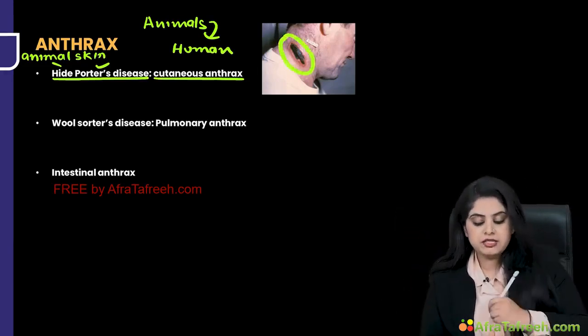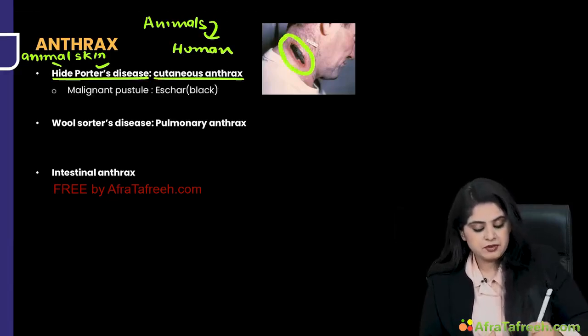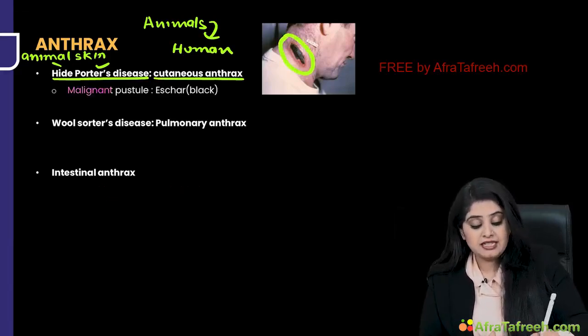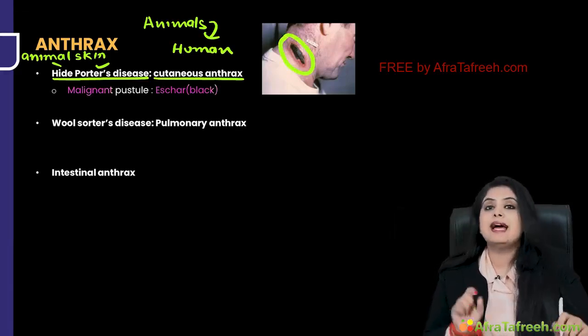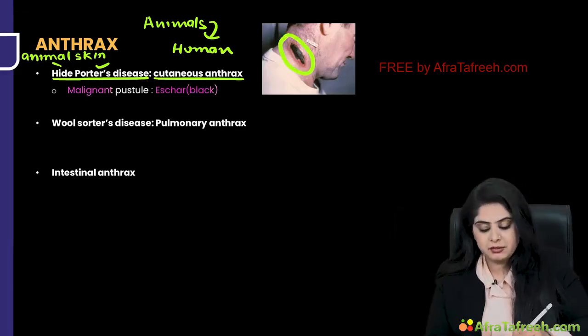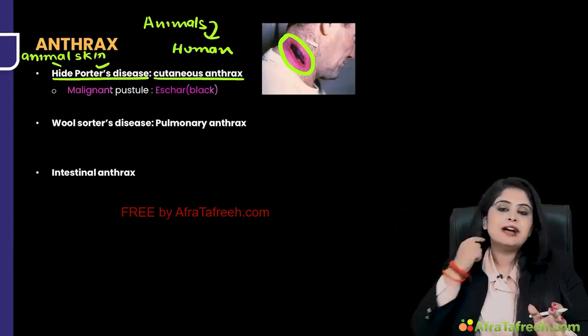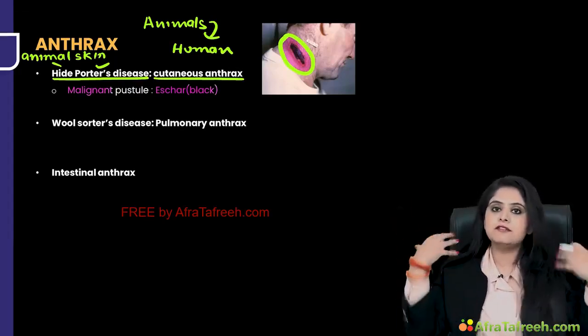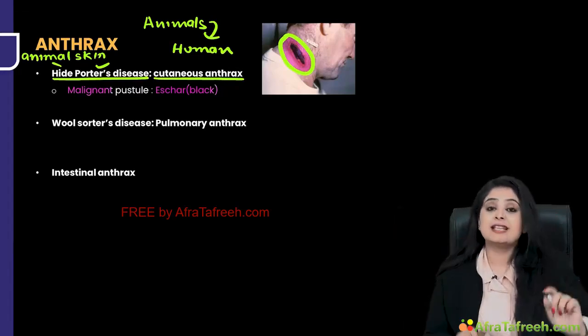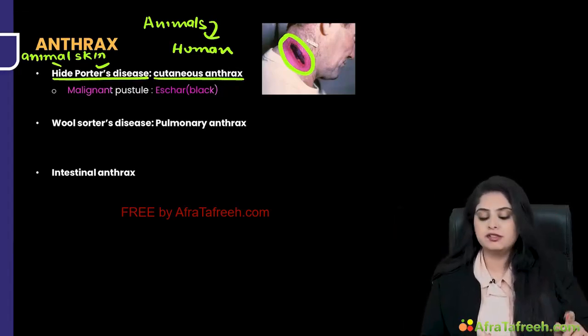Can you see what he has developed over here? He has developed a malignant pustule or malignant eschar. Why am I calling it malignant? It's not a cancer. Malignant because look at the color. It's so scary looking. It's black in color. Why is it over here? Because the big bundles are lifted on the shoulder and the neck. That is the cutaneous form, Hyde-Porter's disease.